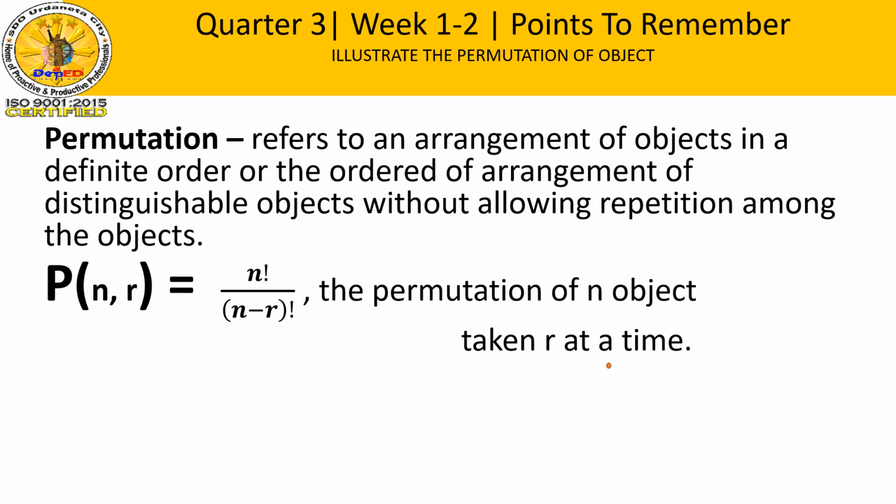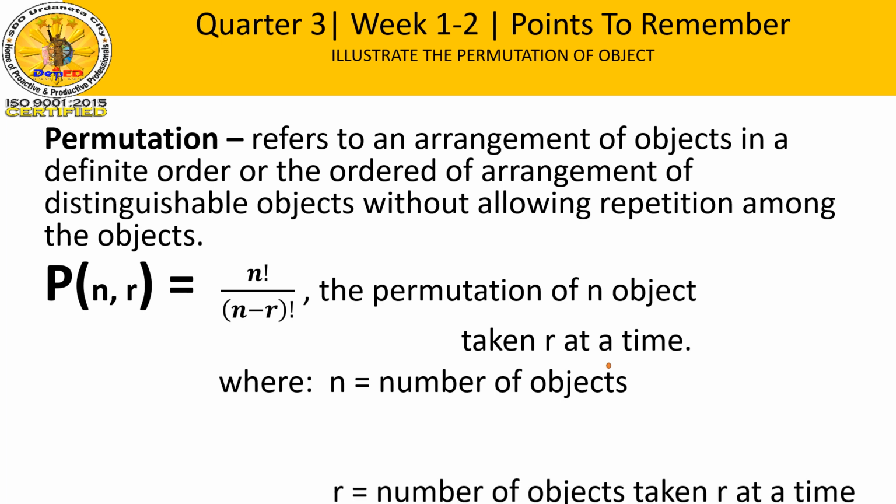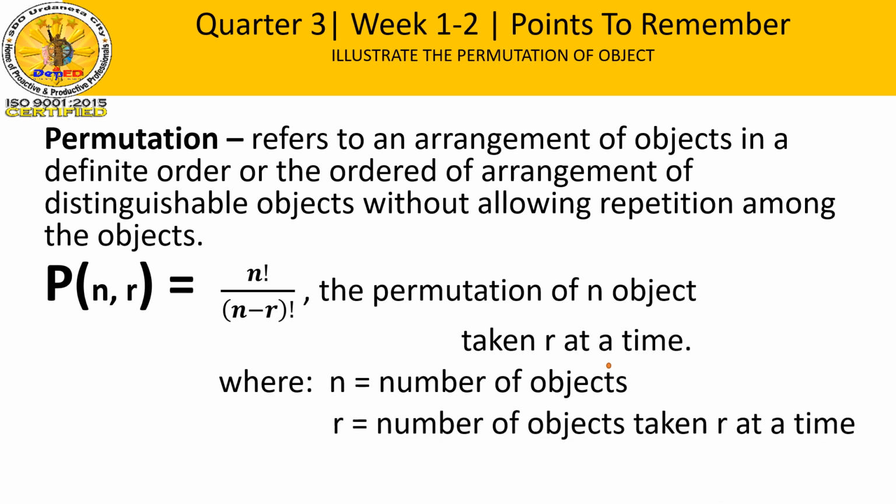So we have here the equation. The permutation of n objects taken r at a time is equal to n factorial divided by the quantity n minus r factorial, where n is the number of objects and r is the number of objects taken at a time.